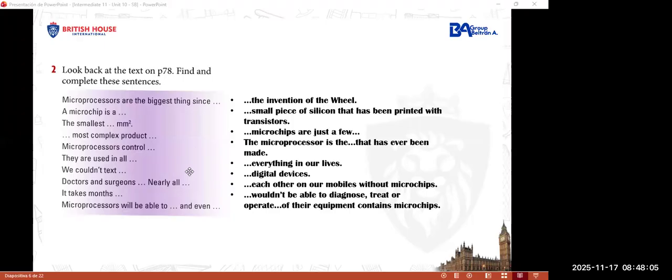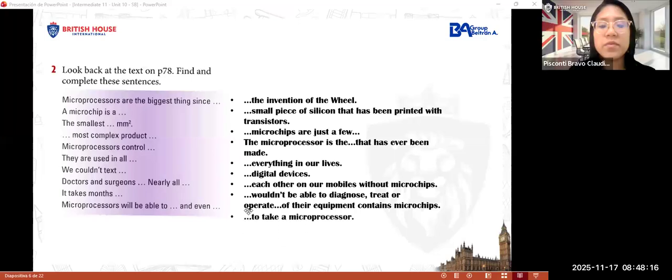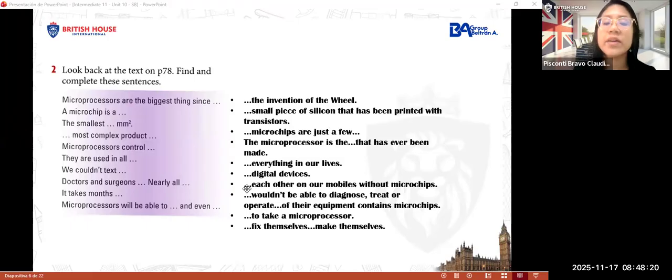Microprocessors will be able to fix themselves and even make themselves. Okay, very well. So this is about technology and microprocessors.